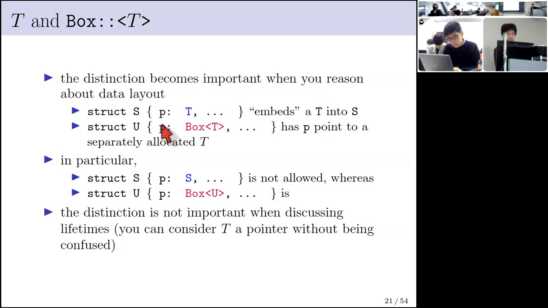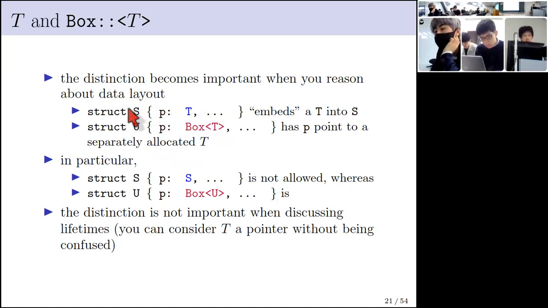The P field in U is just a pointer, probably 64 bits or something like that. So the distinction becomes important only in these cases. And in terms of the data's lifetime, these two make no difference.